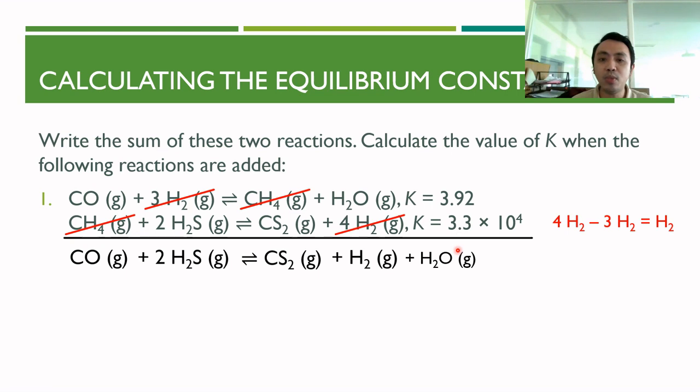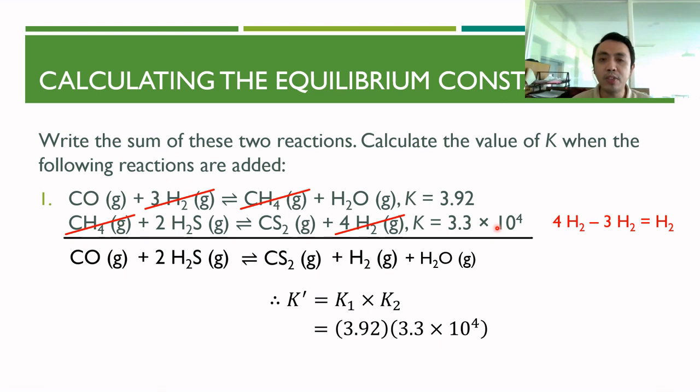Having summed up these two reactions, we are now ready to calculate the value of the K after we have added these two reactions together. The new K, which we shall call K prime, is just equal to the product of K1 and the K2. In this case, K1 is 3.92, while K2 is equal to 3.3 times 10 to the power of 4.